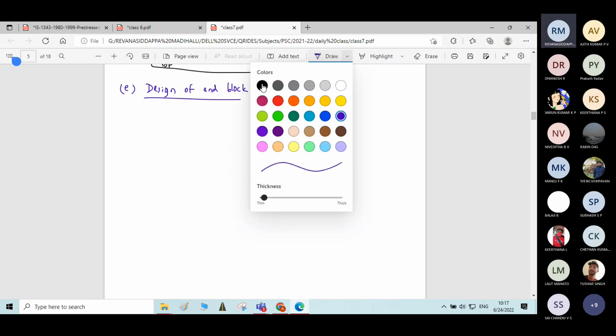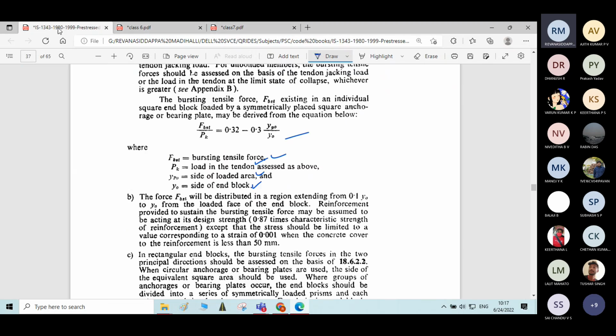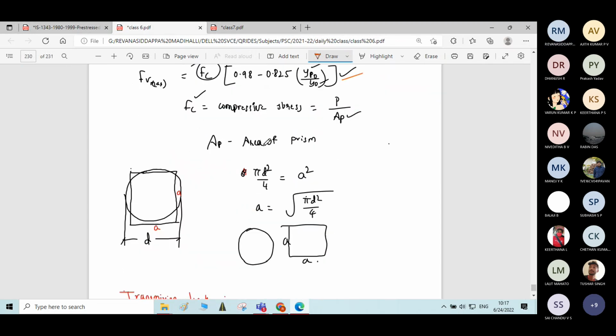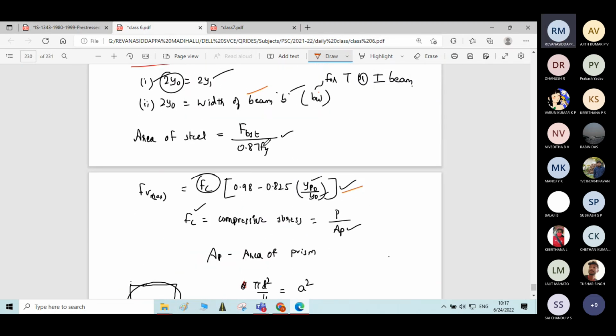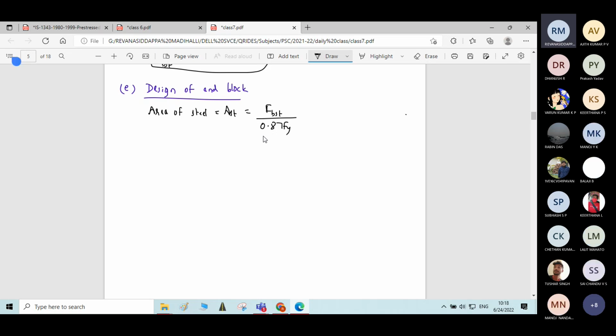If you know the bursting force, you can calculate the area of steel required. Remember this formula: area of steel AST is equal to FBST divided by 0.87 Fy.